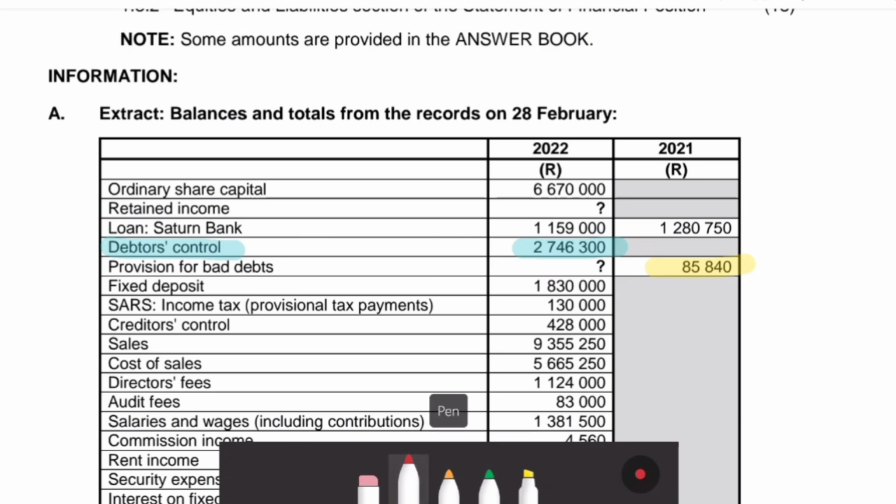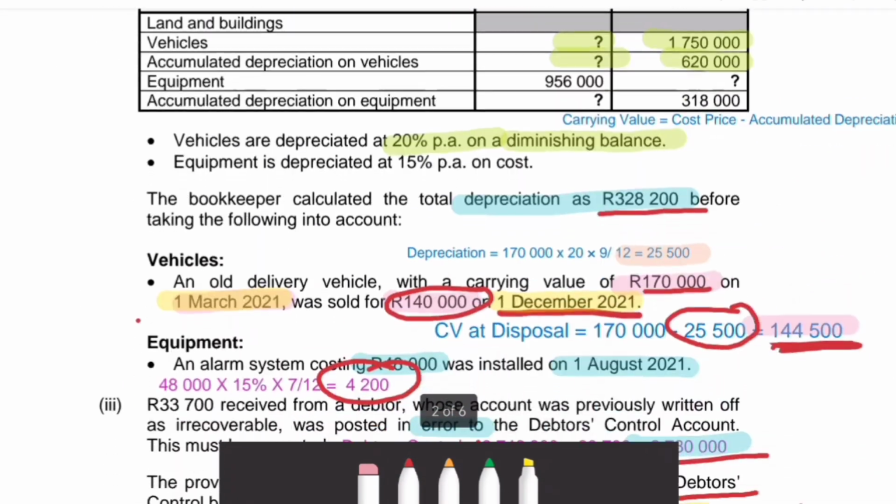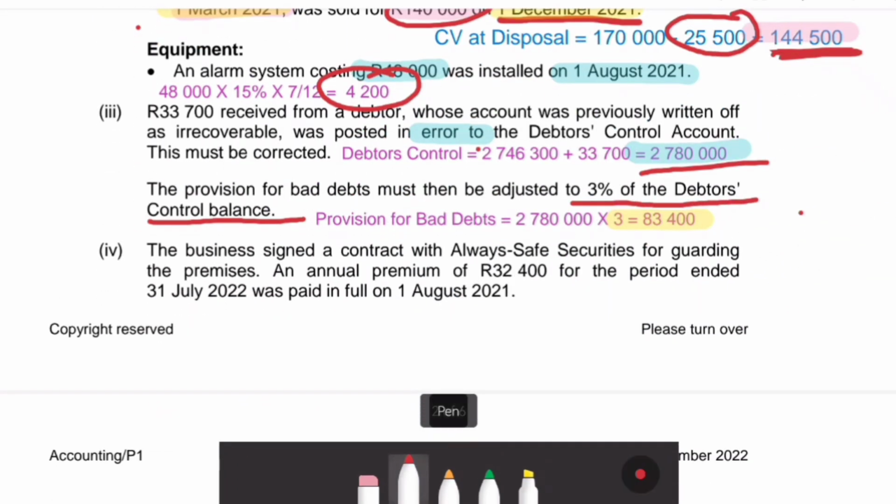We need to adjust this provision from $85,840 to $83,400, and because we ended up with a lower provision for bad debts than what we started off with, meaning that we have adjusted it down, we expect less to go bad now, our provision for bad debts adjustment becomes an income. Remember, on the income statement, you only show provision for bad debts adjustment.